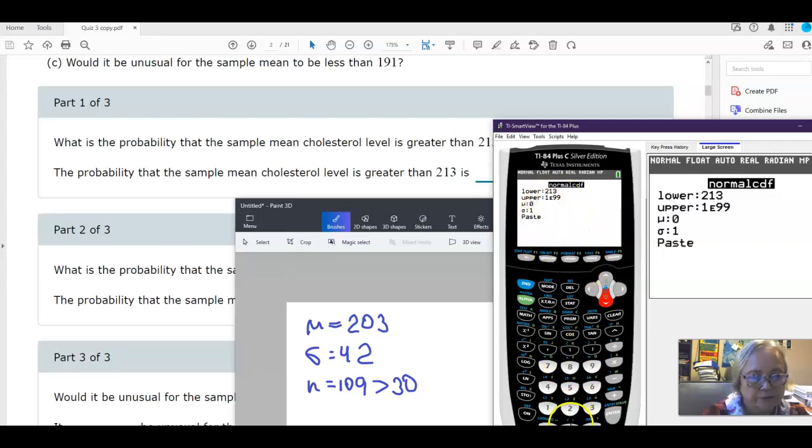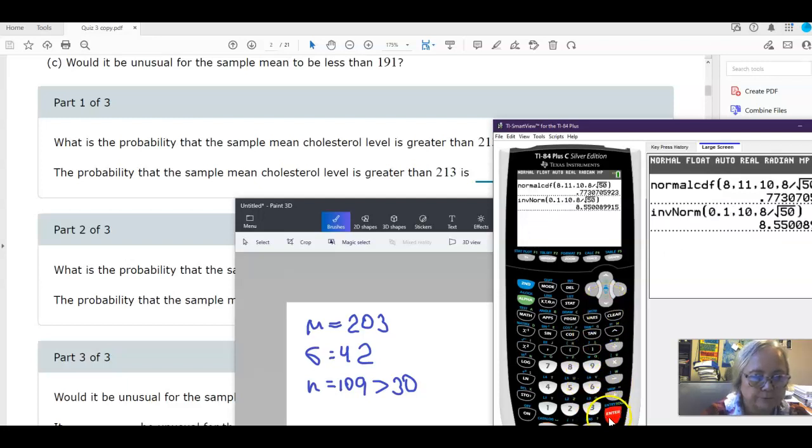That's why we use it. For mu we use 203, and sigma x bar is 42 divided by square root of 109. And we got 0.0065.